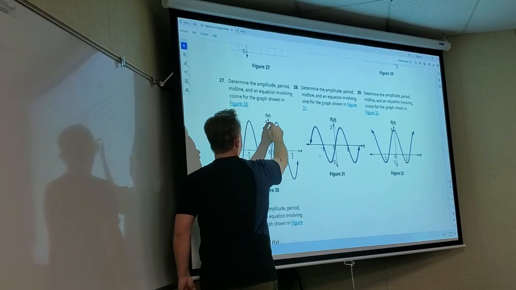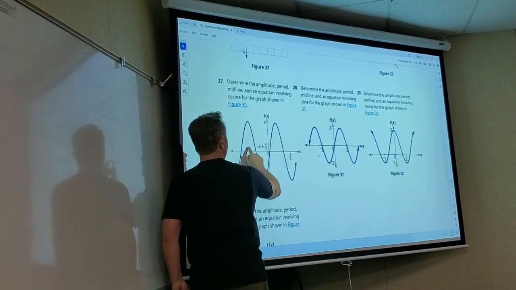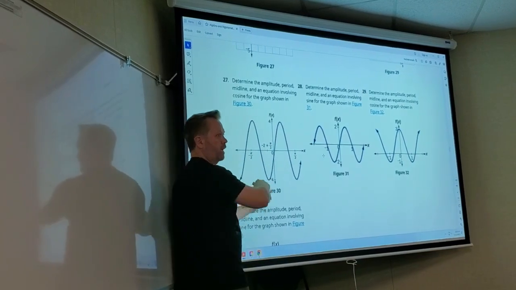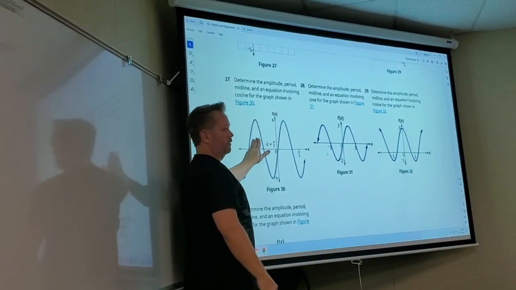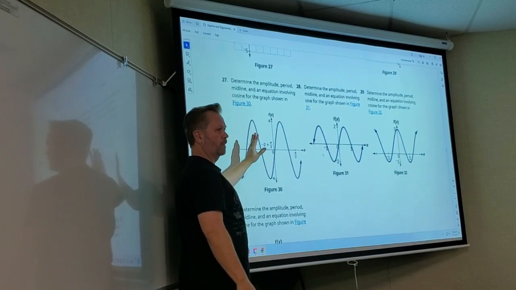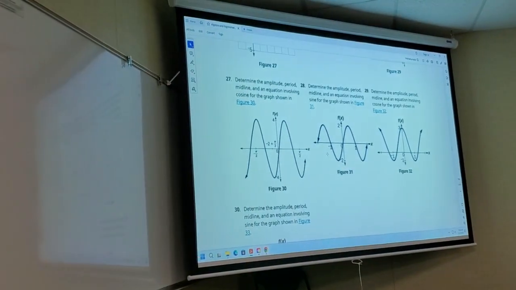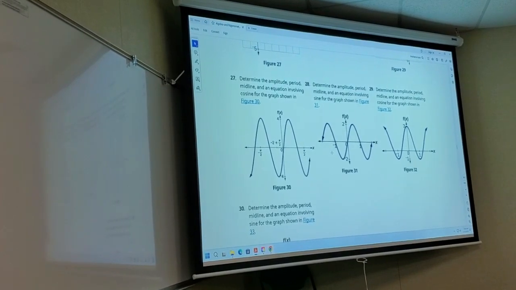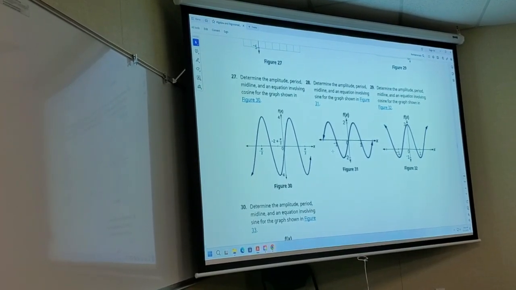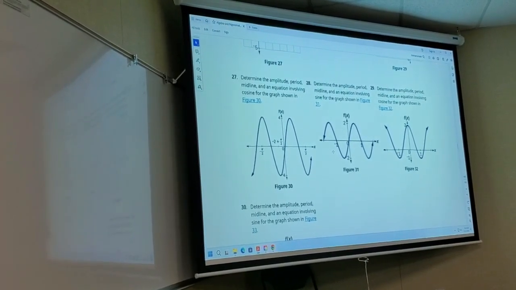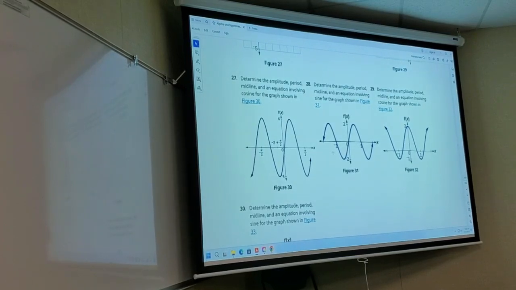No. I can say it's been shifted back, and I know what that is. So how much has it been shifted back? By pi over 2. So what does that mean is going to be in here? Yeah, good.